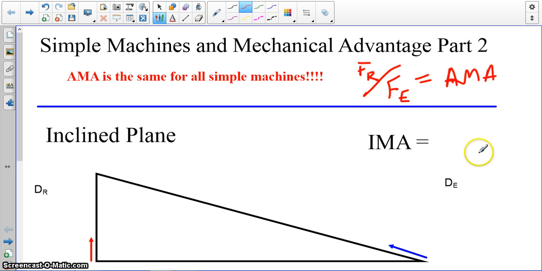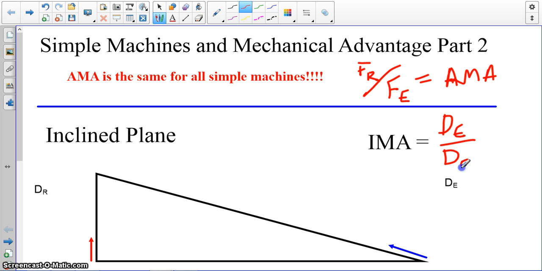Now on the incline plane here, IMA is actually relatively easy if you just have the numbers. There's nothing tricky to figure out. What it is, the IMA, well, it's always DE over DR. However, how you figure out DE and DR depends on the machine.